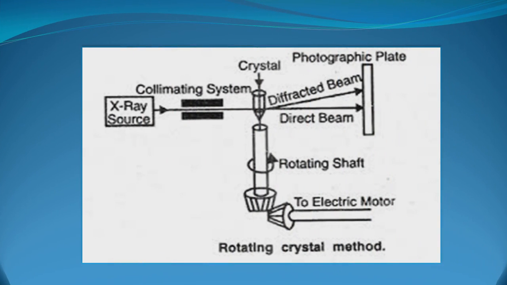This shows the instrumentation part of X-ray diffraction. Here X-ray is the source, and it is made to pass through the collimating system. It is made to fall on the sample, here a crystal, on the sample holder. It is a rotating crystal method, so we can easily rotate it to change the angle and position of the sample.